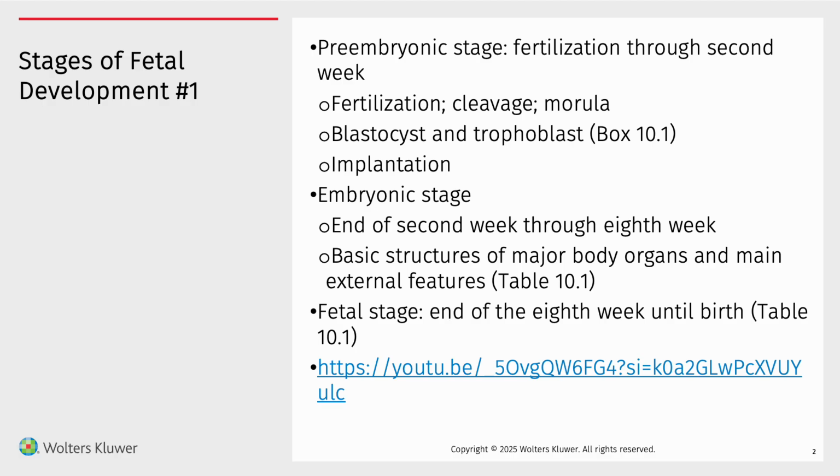If you refer to your textbook, box 10.1 describes how the trophoblastic cells begin secreting HCG, which is the pregnancy hormone, and it supports the corpus luteum and maintains the pregnancy.